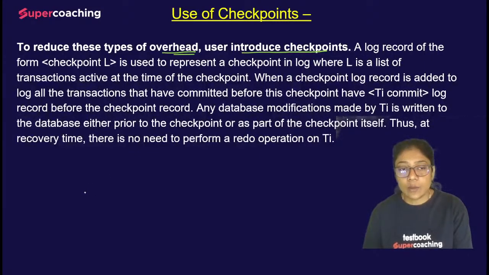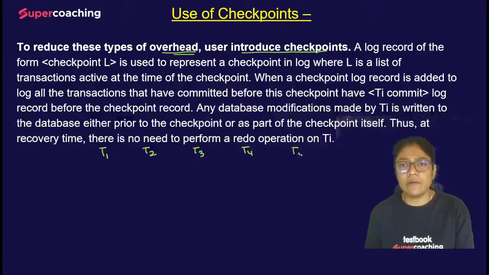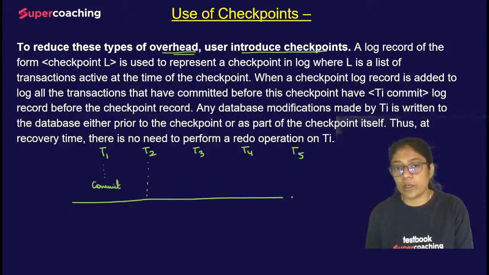So under the checkpoints, what we have said is, let us assume that we have five transactions, T1, T2, T3, T4 and T5. Some operations were performed and then this transaction got committed. This transaction was executing and here we have a checkpoint.